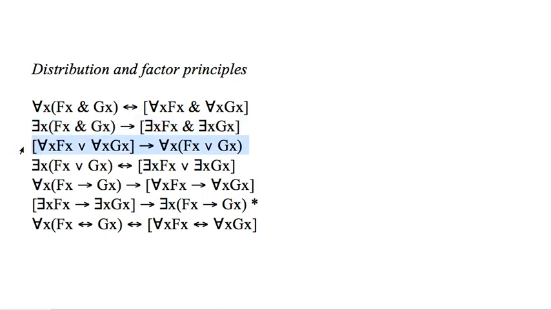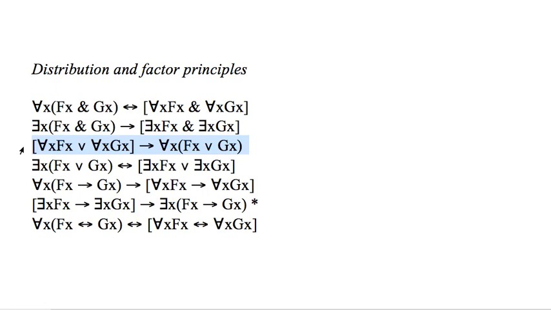Similar one-way principle. If everything is an f or everything is a g, then it follows that everything is an f or a g. But the converse doesn't follow. If everything is an f or a g, it doesn't follow that everything's an f or everything is a g. In these cases where it only works in one direction, you might want to think about why.